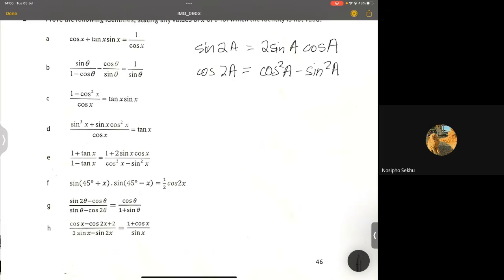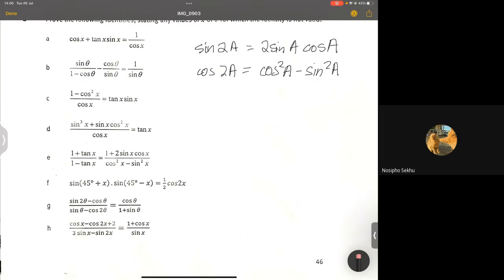There's a difference between cos squared of a minus sine squared of a and cos squared of a plus sine squared of a. This one is equal to 1. You remember that, it is a square identity. But the double angle identity for cos is cos squared a minus sine squared a.